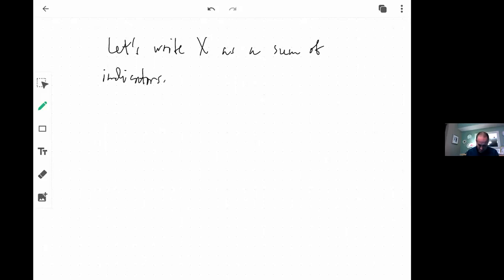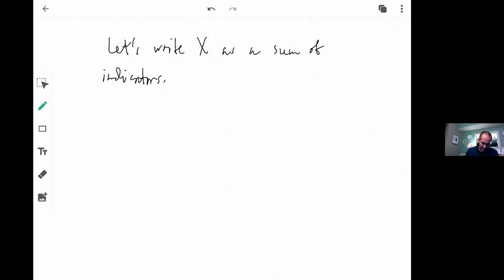So let's write x as a sum of indicators. How can we do that? Well, we have a couple of options, and the book presents both of them.